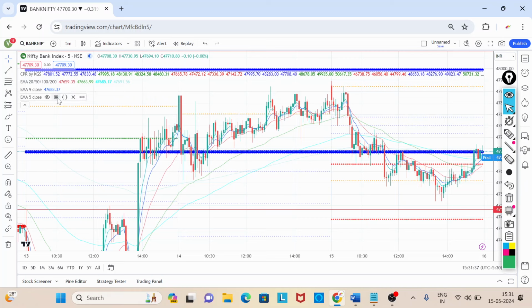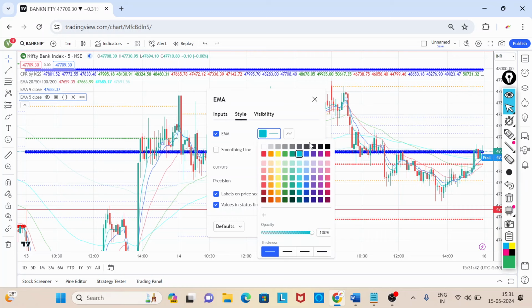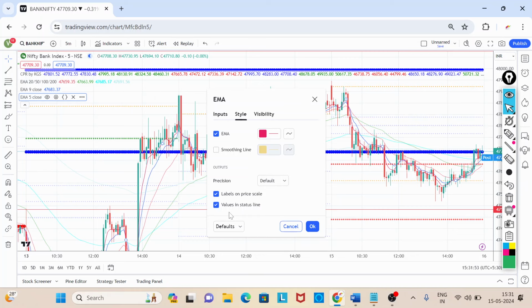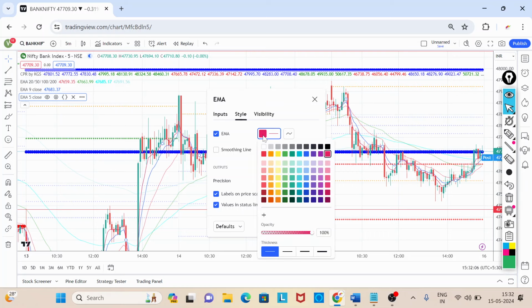Just click on this, and you will get these tabs again, and style. Let me keep this color. And I think 20 and this color look similar too, so let's keep it as yellow.